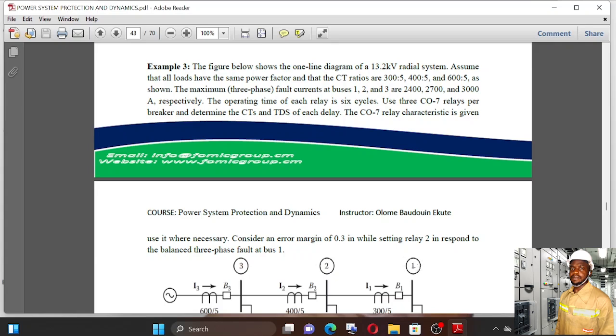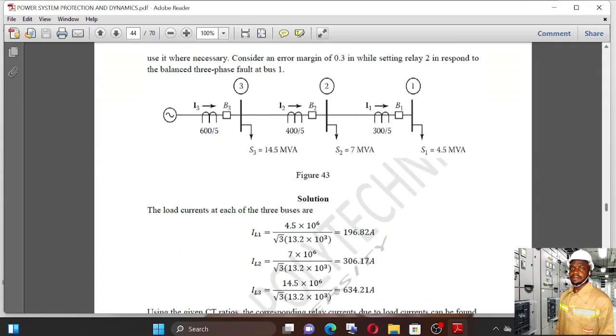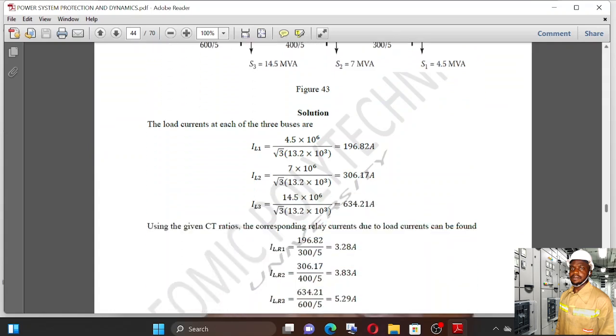Then you need to consider the time of circuit breaker 2 plus the coordination time of circuit breaker 1 plus the coordination time.